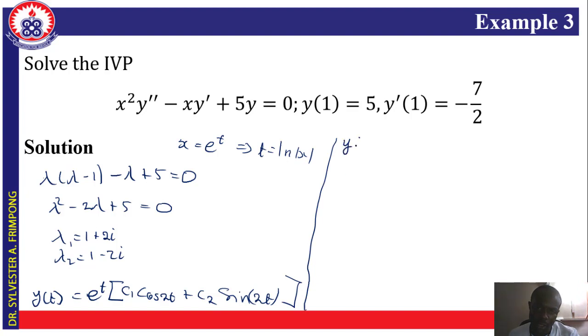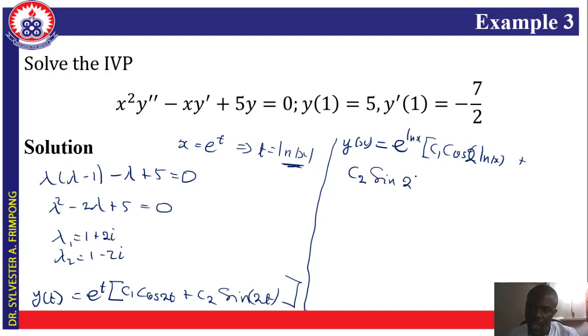To write the solution in terms of x, we replace every t here by ln x. So you're going to have e raised to the power ln x multiplied by c1 cos of 2 times ln x plus c2 sine of 2 times ln x.